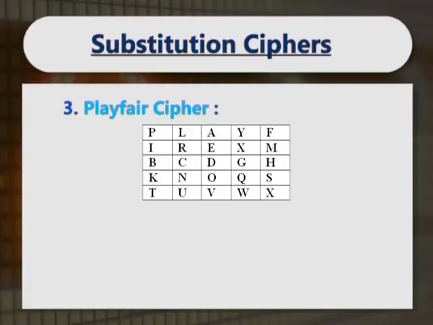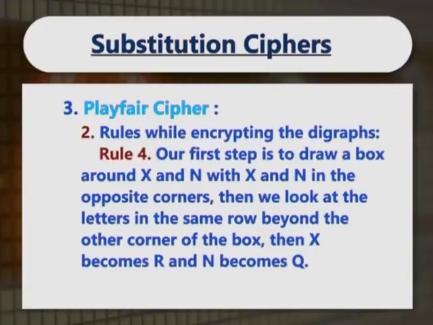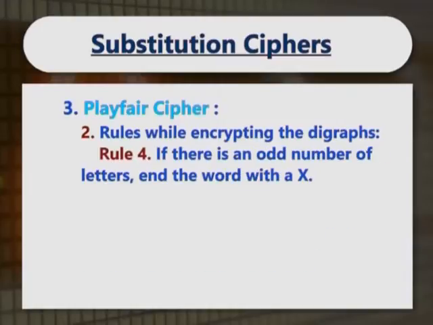So our first step is to draw a box around X and N with X and N in opposite corners. Then we look at the letters in the same row beyond the other corner of the box. Then X becomes R and N becomes Q. If there is an odd number of letters, end the word with X.